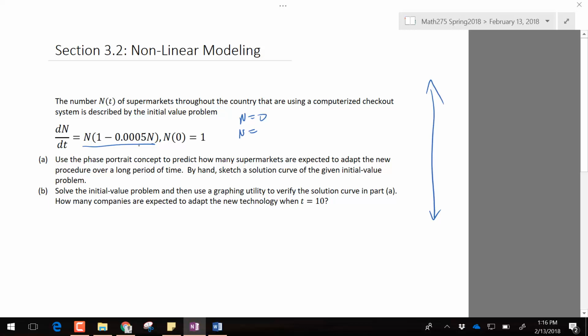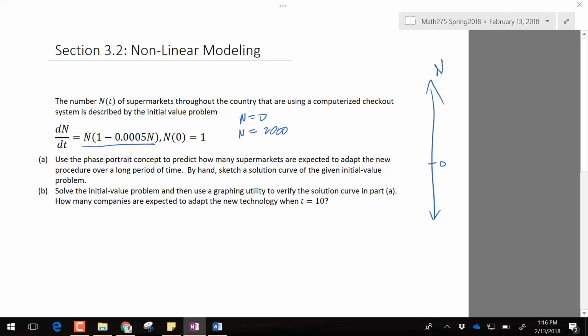Is it 5,000 or 500 or 50,000? 2,000. Okay, so you have a couple of equilibrium points, at n equal to 0 and n equal to 2,000.